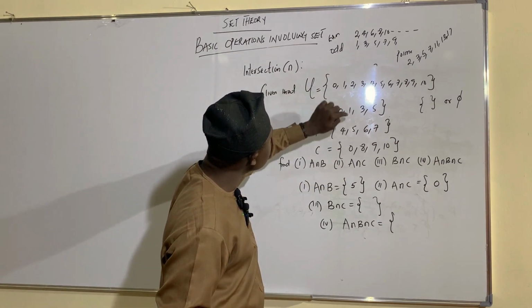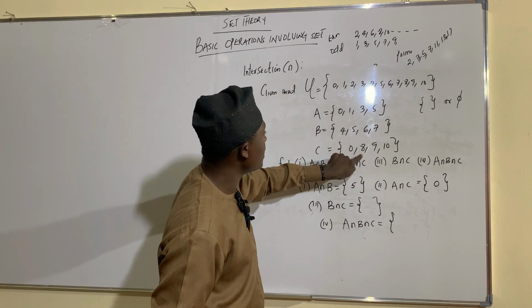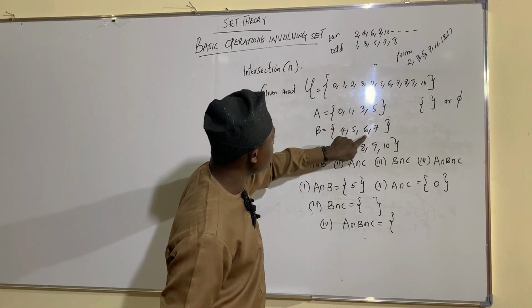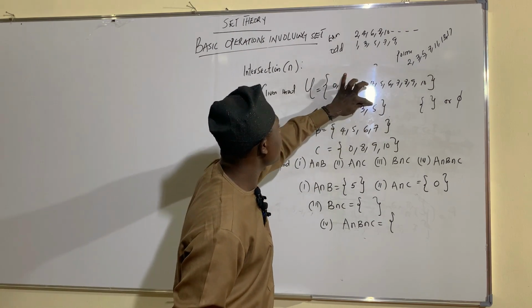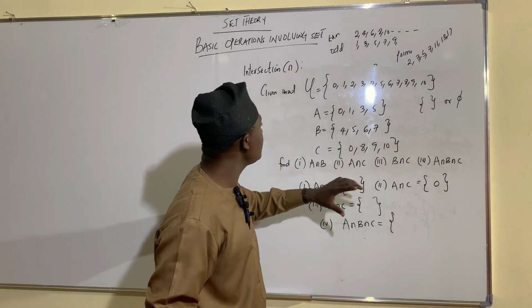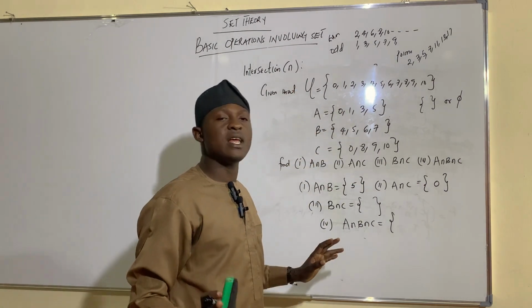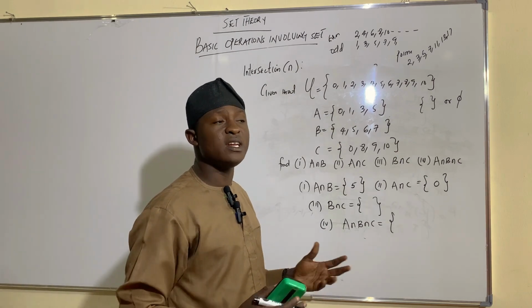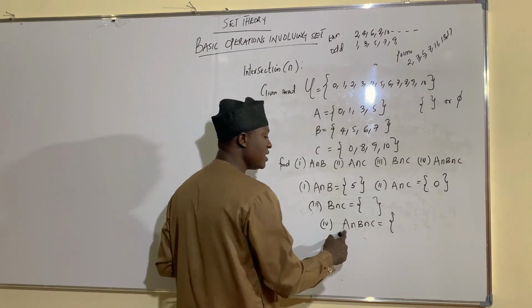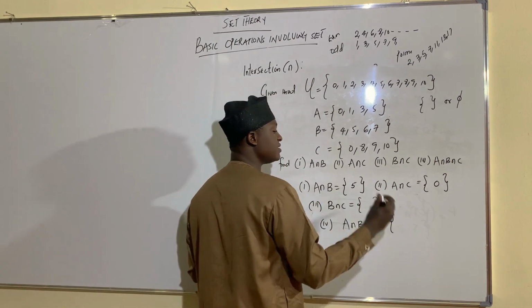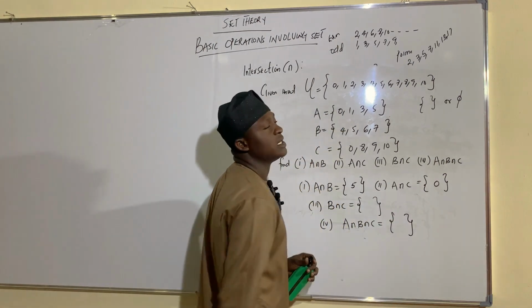There is 1 here, no 1 here, no 1 here. 3 here, there is no 3 here, no 3 here. There is 5 here, there is 5 here, but no 5 here. So A intersection B intersection C is a clear example of an empty set, because they don't have anything in common.